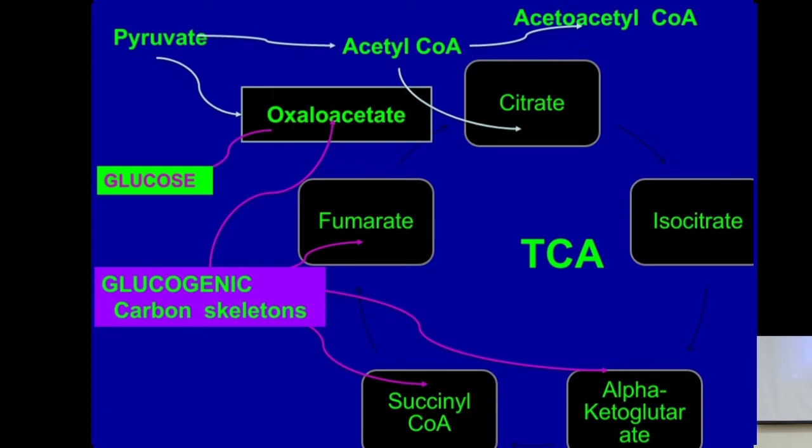They are going to produce keto acids or carbon skeletons, and they're all of these different molecules: alpha ketoglutarate, succinyl-CoA, fumarate, oxaloacetate, pyruvate. That's one group. And obviously, those keto acids can feed into the TCA cycle and be metabolized that way. So does pyruvate.